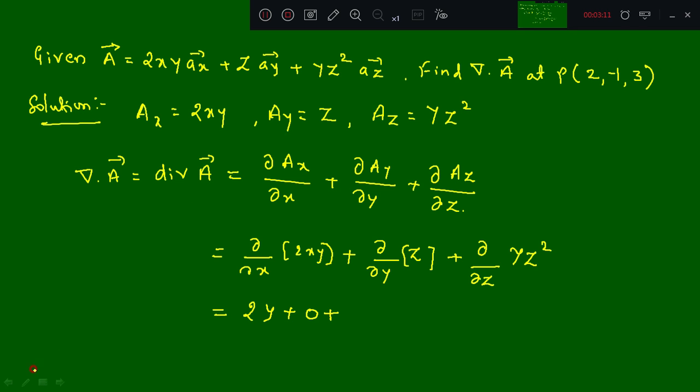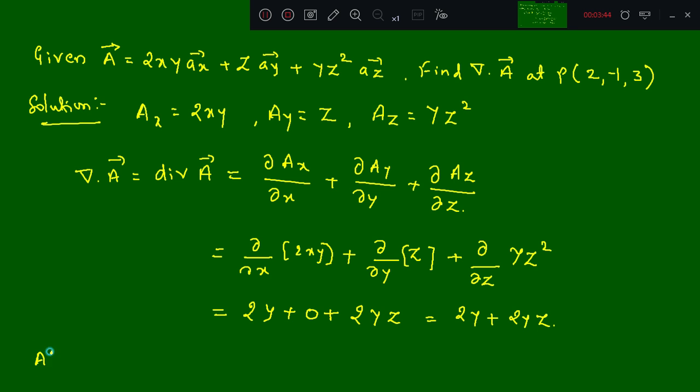For the third one, y remains the same, and the partial derivative of z square is 2z. So the total value is 2y plus 2yz.